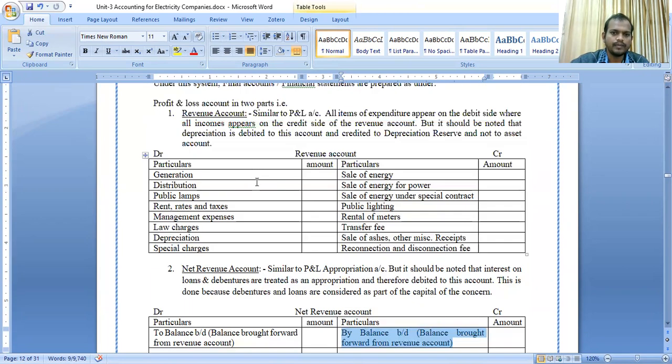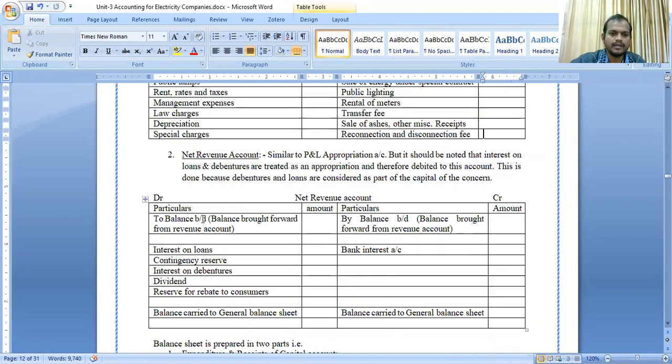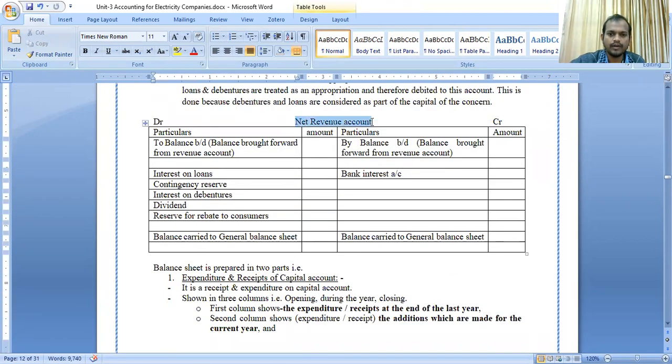If the balance is expenses over and above receipts, we'll mention it in the debit side of the net revenue account. So the final balance of the net revenue account is carried to the general balance sheet.